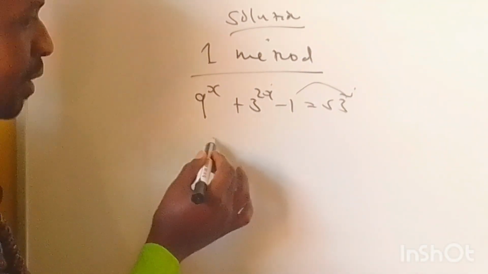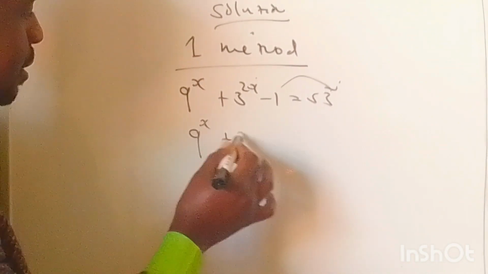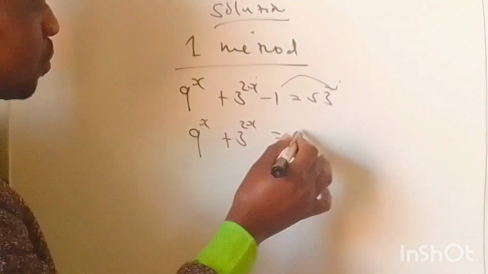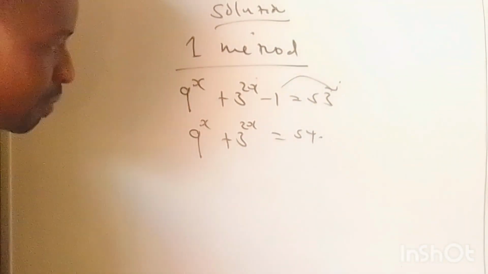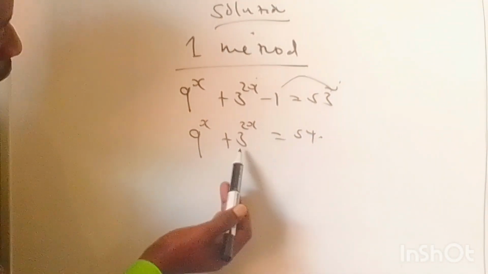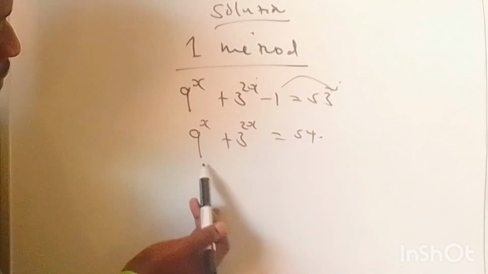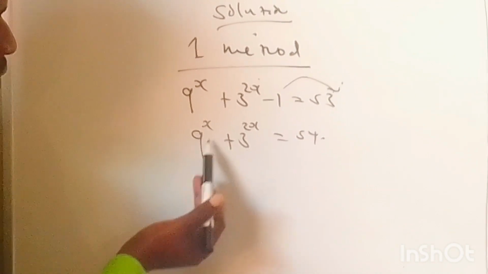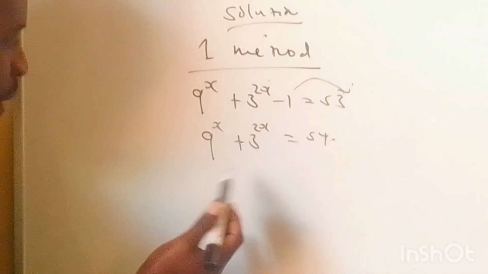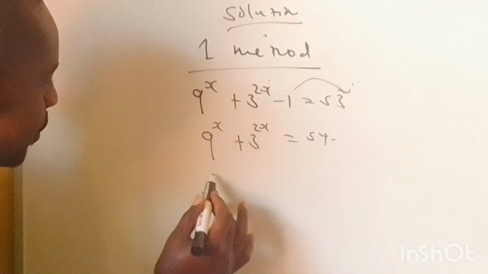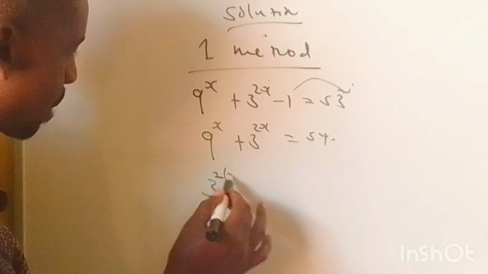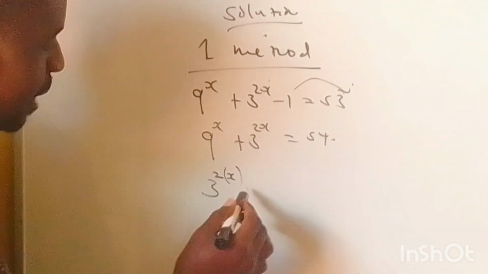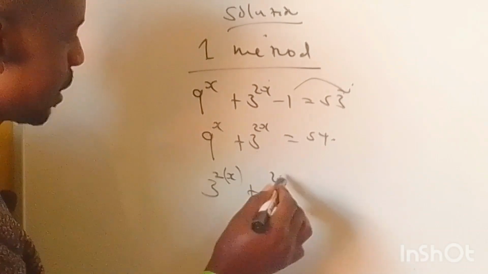So we have 9 raised to x plus 3 raised to 2x is equal to 54. Then since we have base 3 here, and this is 9, change 9 raised to x to base 3. So we have 3 raised to 2, multiplied by that x which is remaining up there, plus 3 raised to 2x is equal to 54.